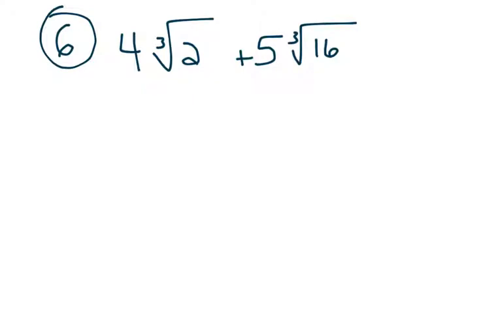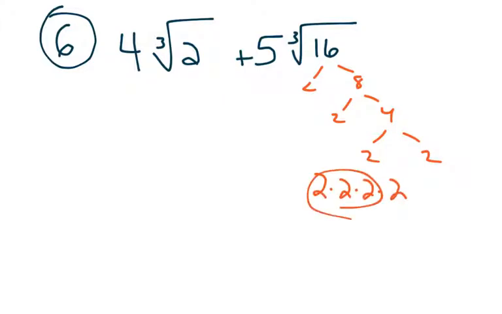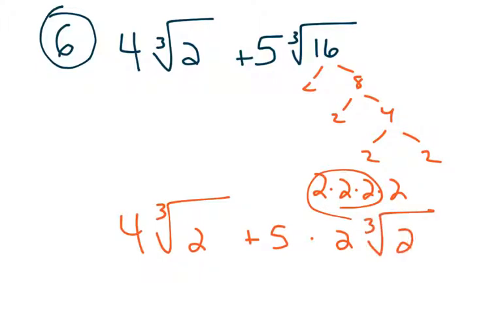Well, I can't take the cube root of 2, but I bet I can simplify the cube root of 16. Break down 16. When I break down 16, it breaks down into 4 2's. Well, remember that a cube root means take out a group of 3. Well, I can take out a group of 2's, except that there was 1 2 I didn't circle, so it's still under the radical.